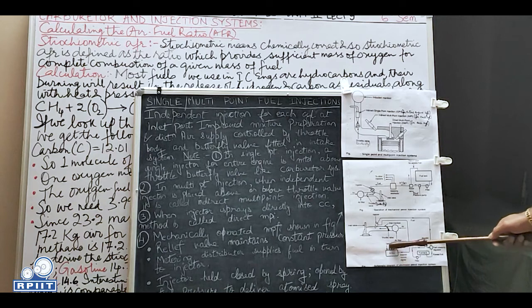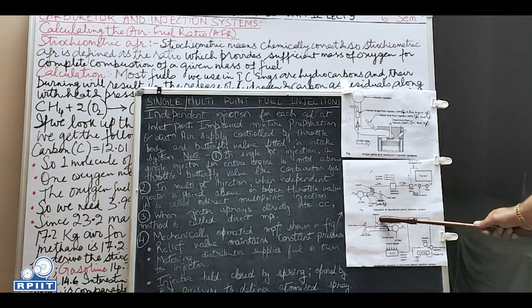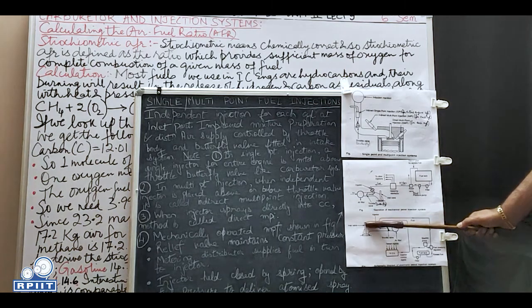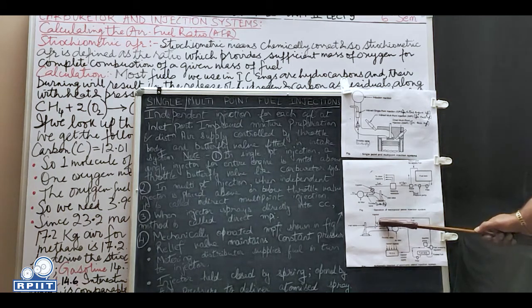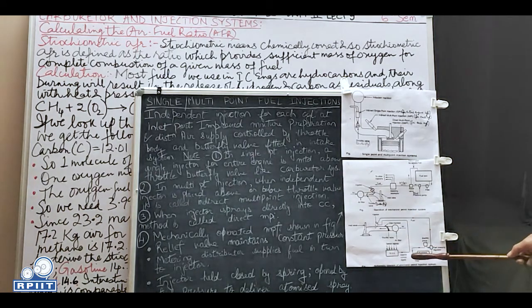The computer inside the ECU analyzes it and gives a final output signal. Considering all the inputs, the final output is sent to the solenoid of the injector, which operates the injector valve and so gives a supply of petrol spray through the injector nozzle.